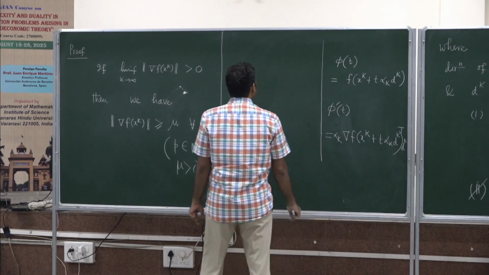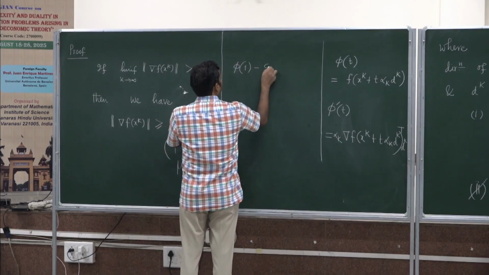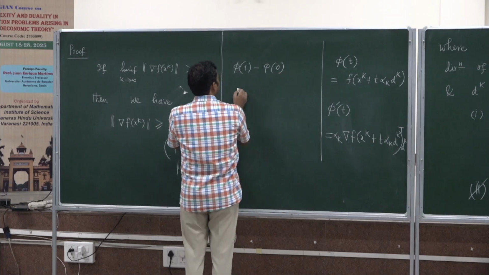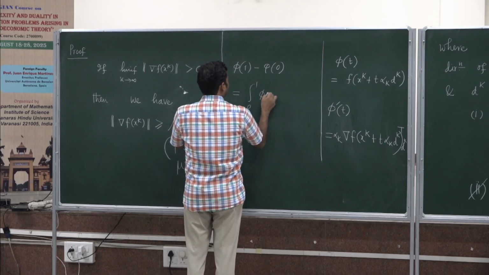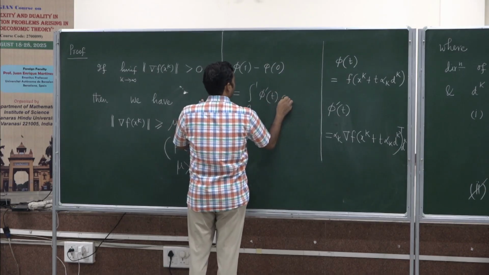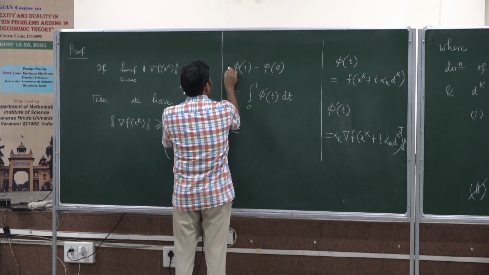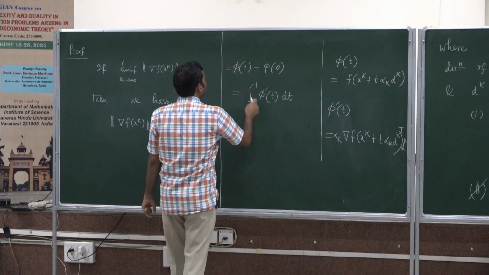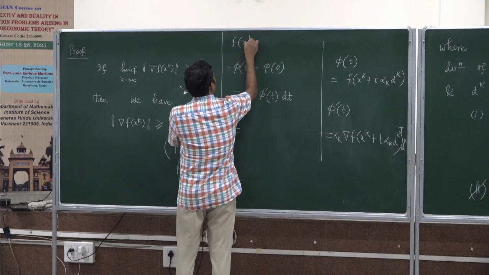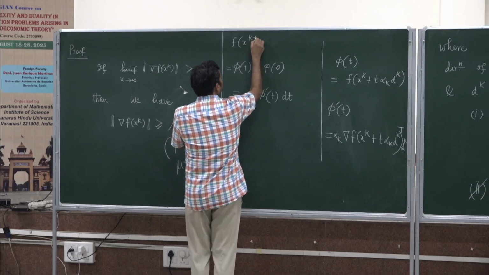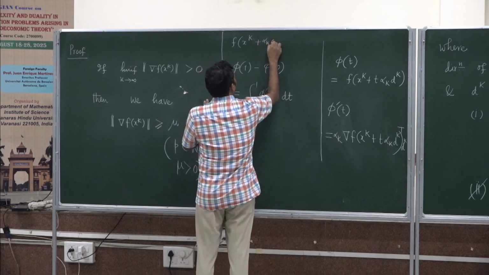And then we notice that phi 1 minus phi 0 is equal to the integration from 0 to 1 of phi dash t dt. Here, what is phi 1? Phi 1 is your f of xk plus 1, or f of xk plus alpha k dk.